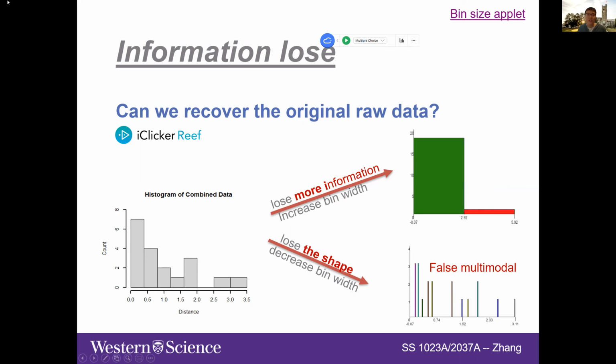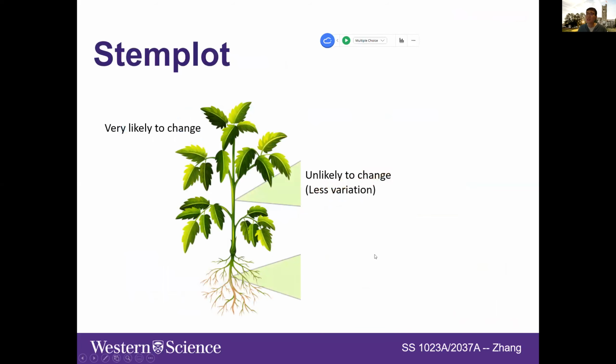So another question is whether we can change the way we present the data or plot the graph such that we don't lose any information. Actually, there is one way to do that. This is called the stem plot. The stem plot borrows its idea from the stem. We know that a stem is this part of the plant, right?